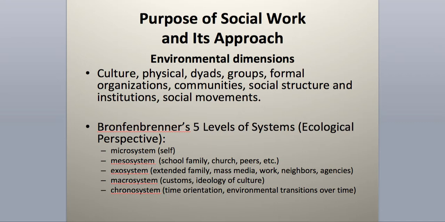The media, neighbors, those kinds of things. Then the macrosystem, which really goes beyond that to look at the ideology of a culture and the customs and habits that we have, perhaps our religions and spiritual beliefs. And then once again, there's that time orientation, the chronosystem, which is the 5th dimension or level of system that impacts our development.